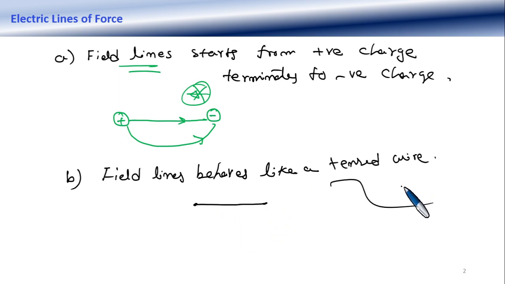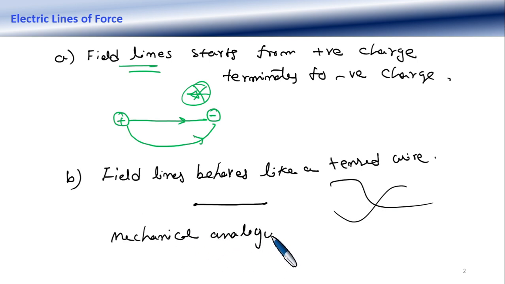But this wiggly one, no, these are not field lines, because they are not in tension. Okay, so field lines must be in tension and behave like a tensed wire. It is a mechanical analog. Okay, it is a mechanical analog that the field lines behave like a tensed wire.